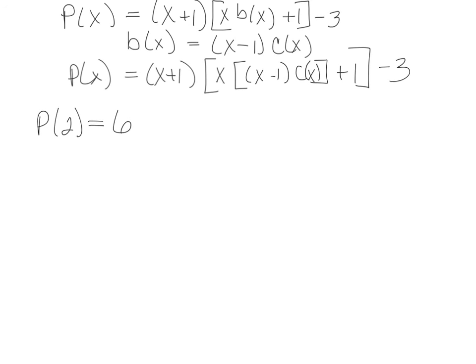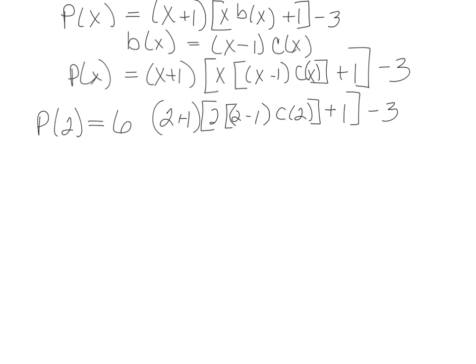P of 2 equals 6. So we have 2 plus 1, 2 minus 1, c of 2 plus 1 minus 3. Okay, lots of simplifying to do.